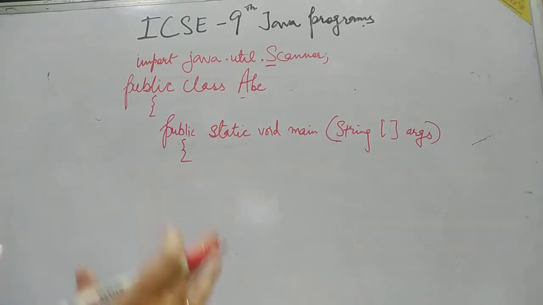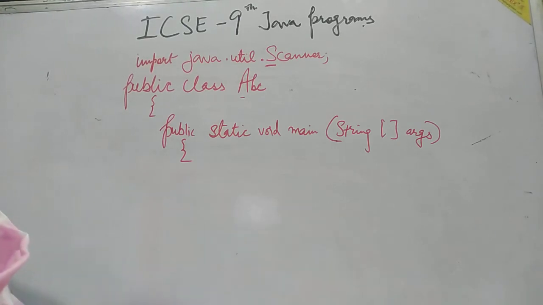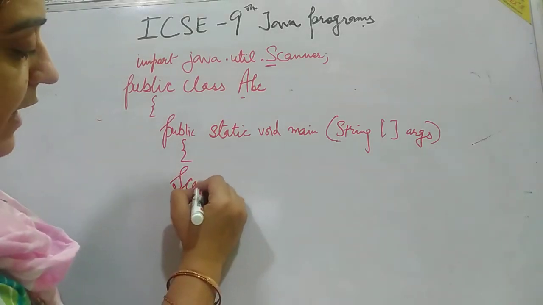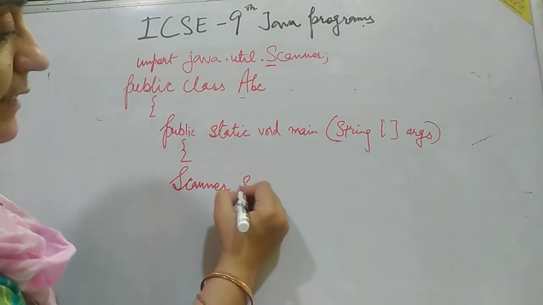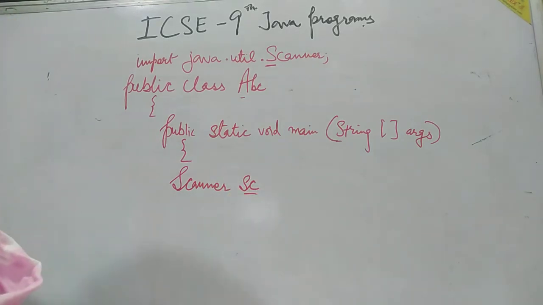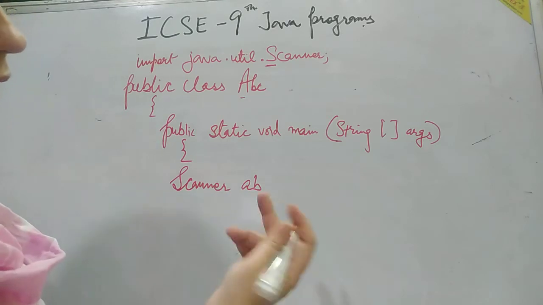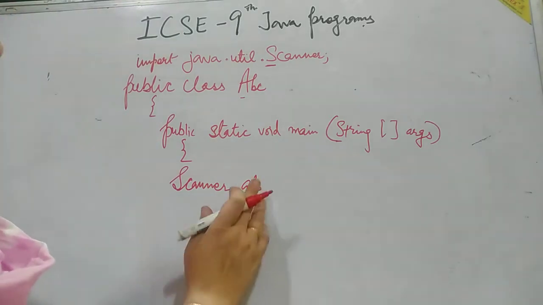Now in this class we are going to take values from the user. Three values, three integer values. How will we take? First we need to make a Scanner class object. Scanner sc. sc is any object name. You can write A here, you can write AB here, any kind of object name, but generally books use sc.